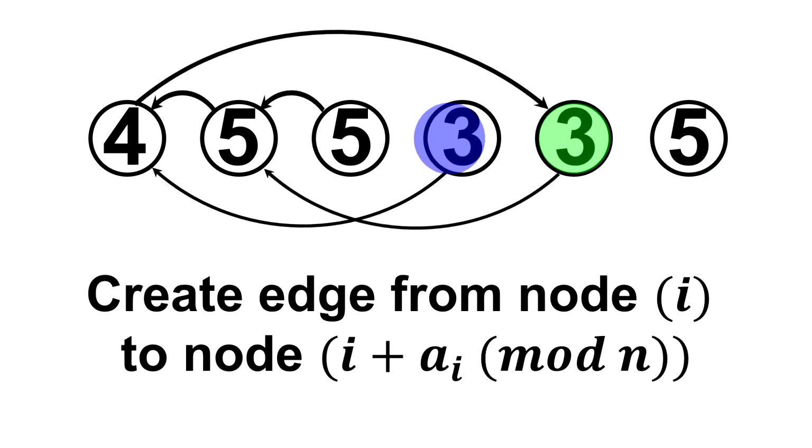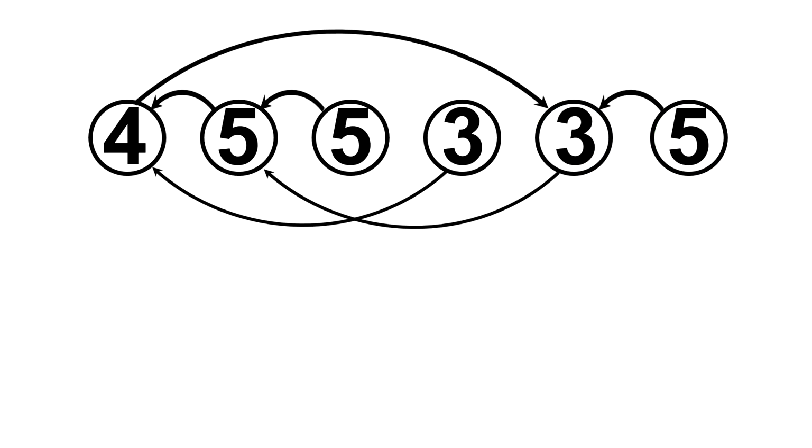And again, if we go out of bounds, we start counting from the beginning. And for the last, we create an edge from the 6th node to the 5th. So we get a graph with n nodes and n edges, each node having one outgoing edge.